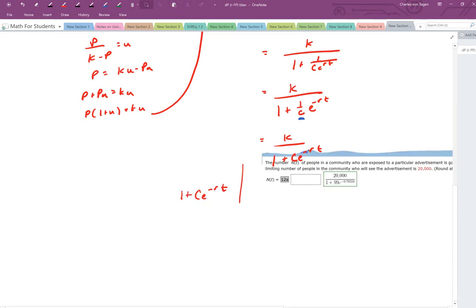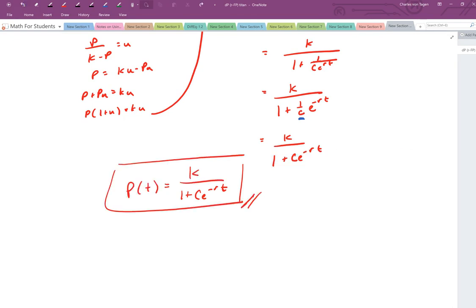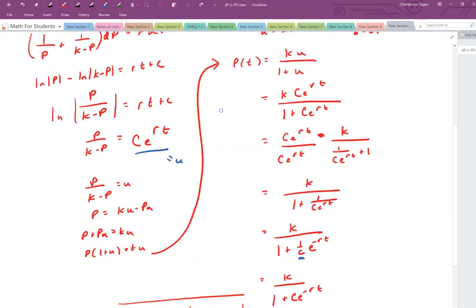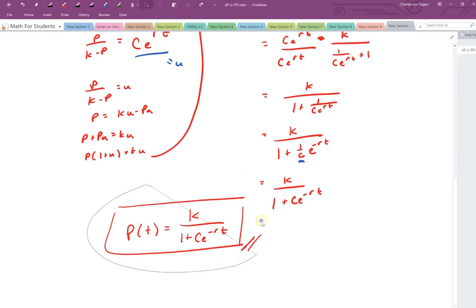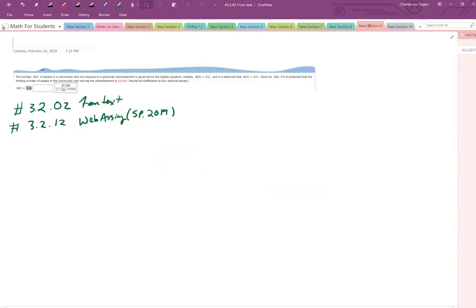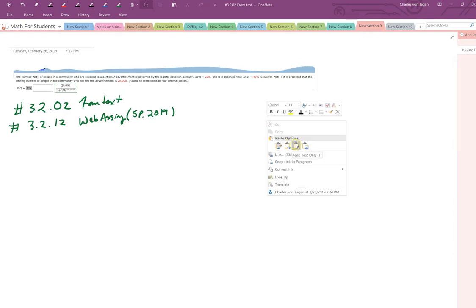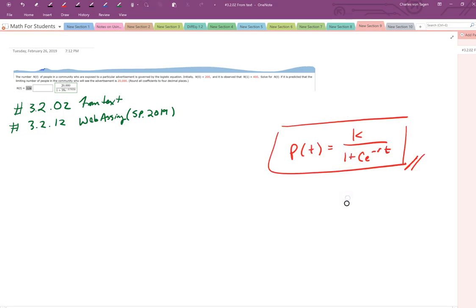I guess that's the paste button. One more time. That must be copy. So let's paste that here. Okay.